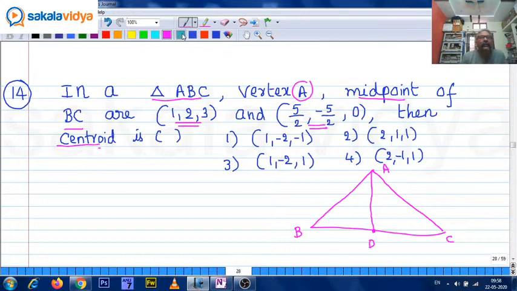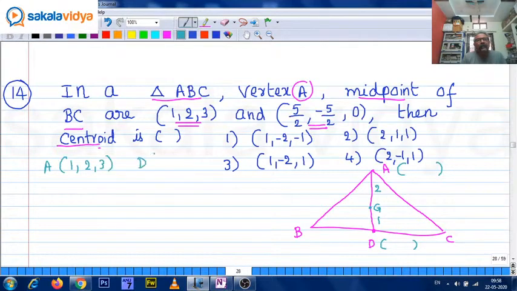Now G, the centroid, lies on the median. G divides AD in the ratio 2:1. A coordinates and D coordinates are given. Now G is the point of trisection of AD, so we need to divide in the ratio 2:1. Now A coordinates are 1, 2, 3.